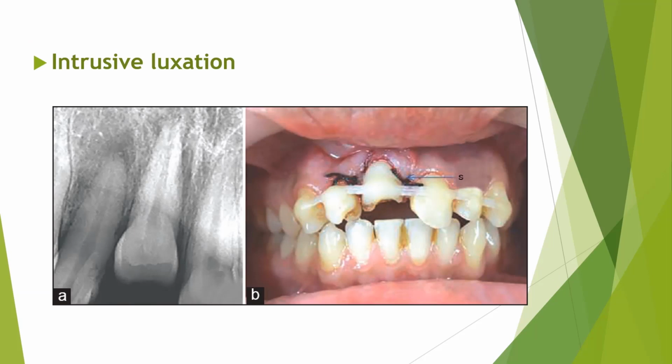Intrusive luxation. مثل ما قلنا أيضا بالبداية إنه intrusive luxation يعني معناها التوث صار mobility زائدا placement into the alveolar bone. So what's the treatment of intrusive luxation? If the tooth is a primary tooth, in case of a primary dentition, always we should pay attention to the permanent tooth, which always lays lingually to the primary teeth.